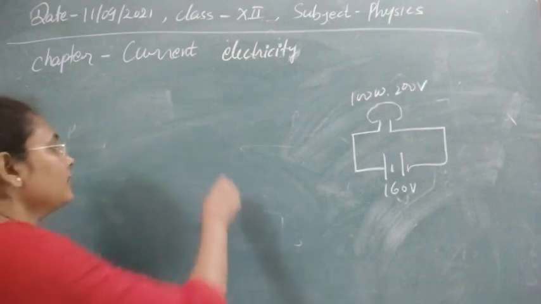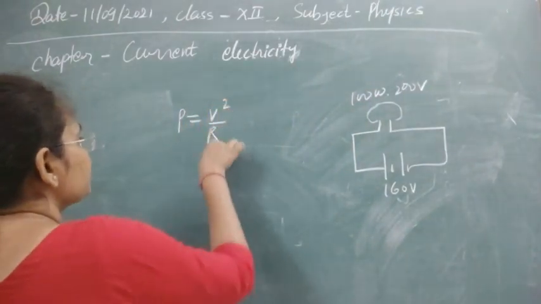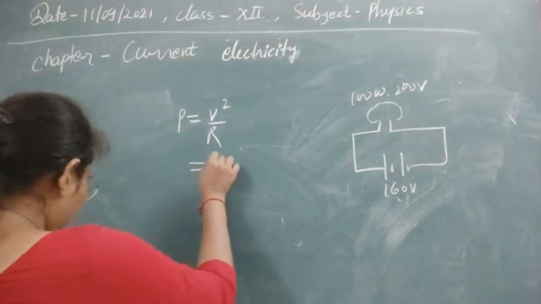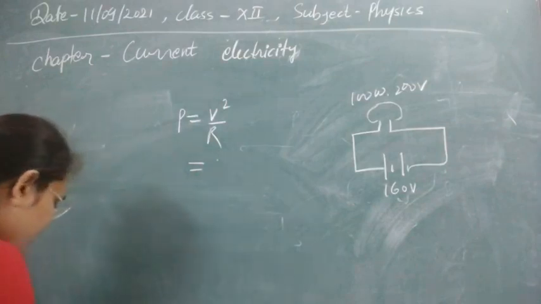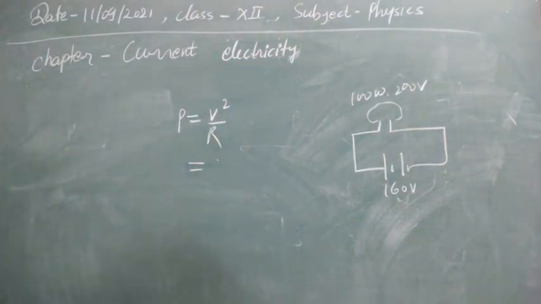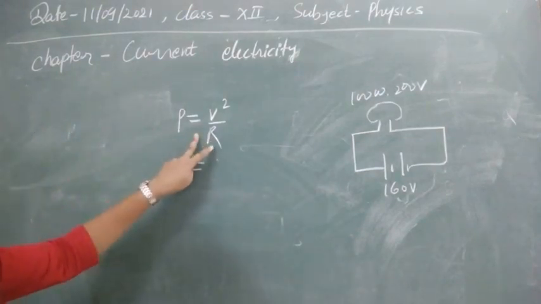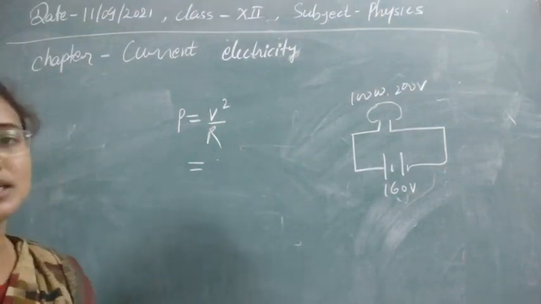So we have to find out what will be the power consumption. You know that the power consumption in the bulb is given by V square by R. So we can use this formula for the power consumption. First, what we can do is find out the resistance of the bulb.